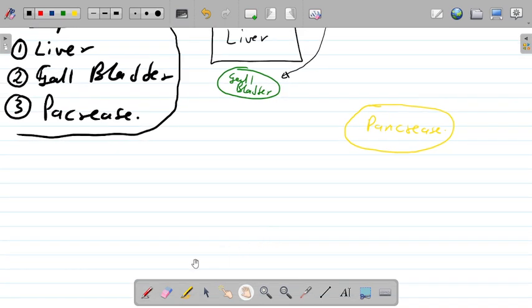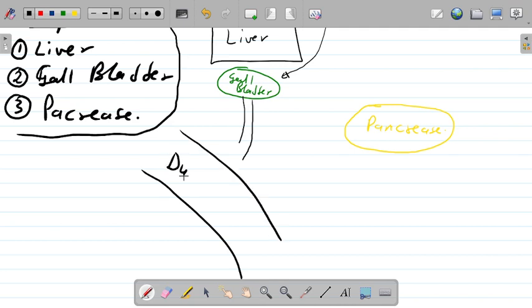Are you with me? The gallbladder has a tube in which it releases this bile. Into what? Into the duodenum. What is the duodenum? The duodenum is the first part of the small intestine. So this bile will go into the duodenum.